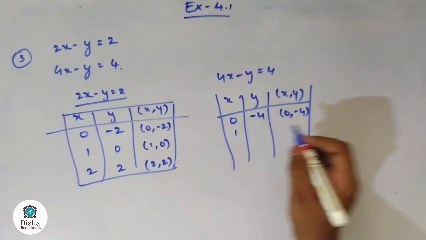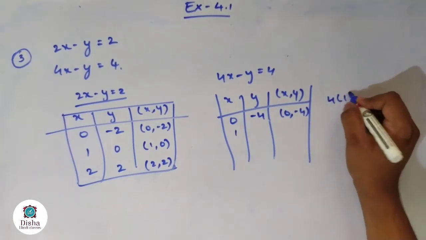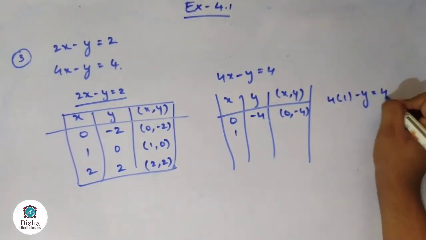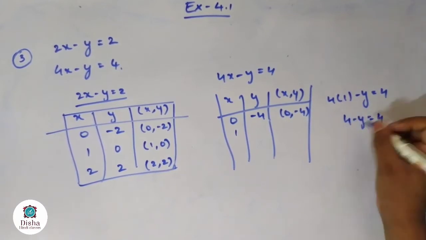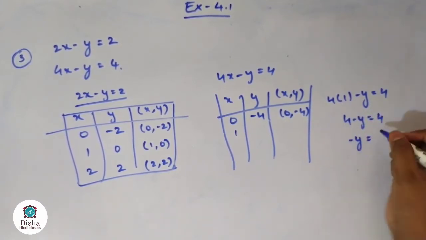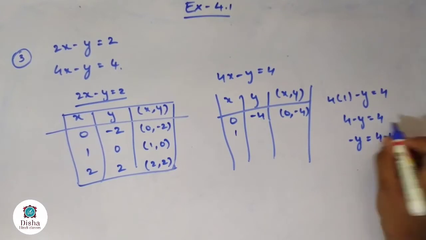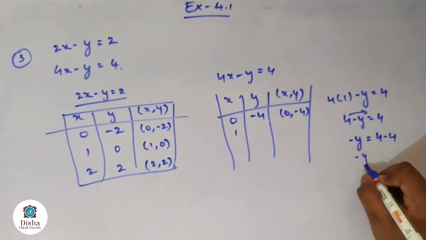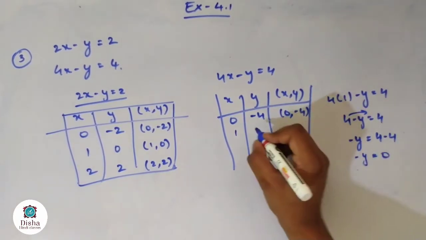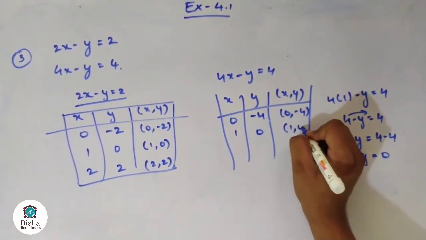Next, x equals 1. So 4 into 1 minus y equals 4. So 4 minus y equals 4 and minus y equals 4 minus 4. If we send this 4 to RHS, it will become minus 4. So minus y equals 0. So 1 comma 0.